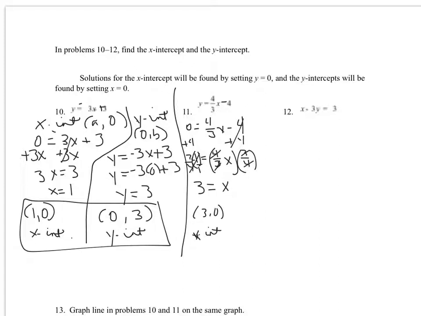Now to get that y-intercept, I'm going to go back and plug in 0 for x. And when I do that, I would have y equals 4/3 times 0 minus 4, which means I get y equals -4, and my y-intercept is going to be the ordered pair 0, -4.